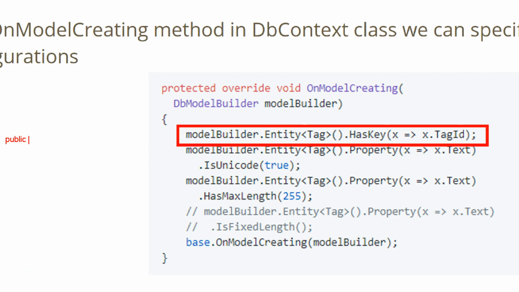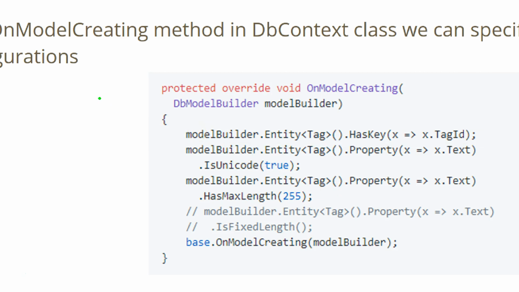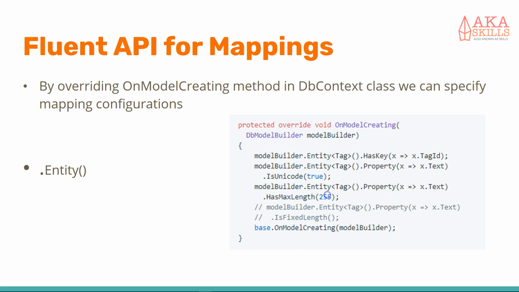So let's say we got public int TagId get set. That's the property. So here you choose if you want to say Key with an attribute, and this will say, okay, TagId is from now the primary key, or use this way. Here we have two main things: the Entity method and the Property method.